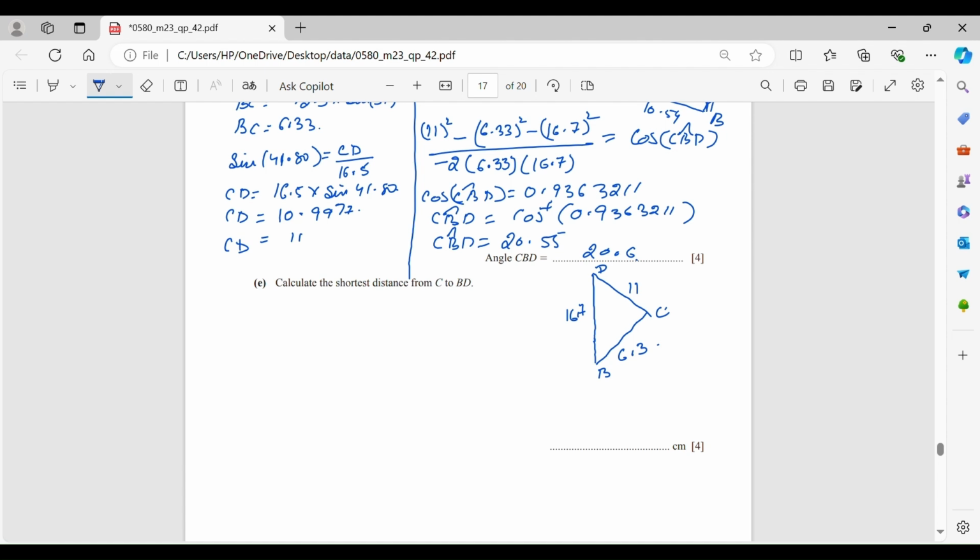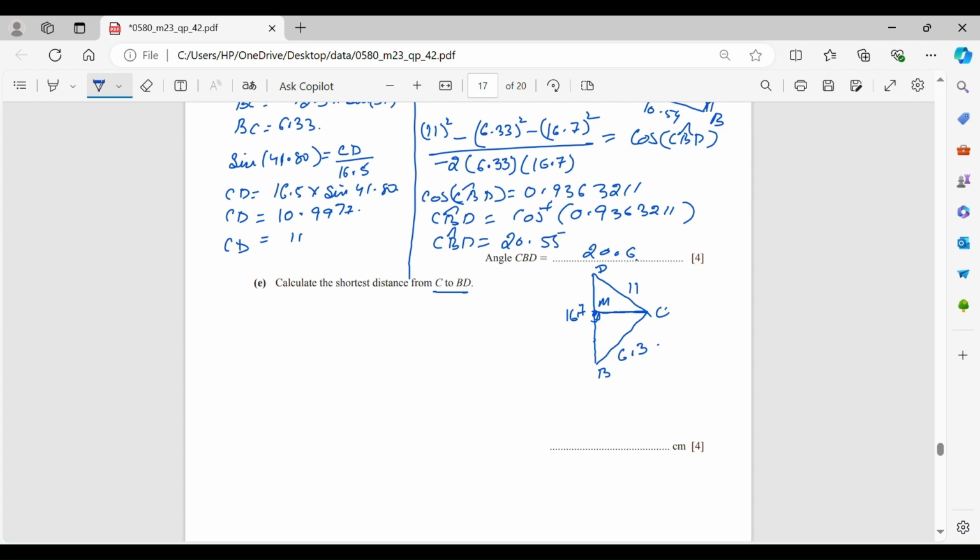C to BD perpendicular distance is the shortest distance. So let's take this point as M. So basically we have to find the length of CM, right?